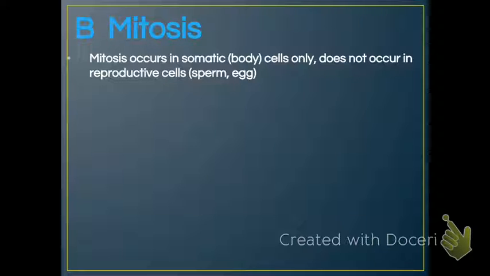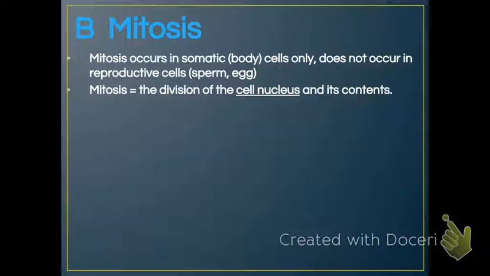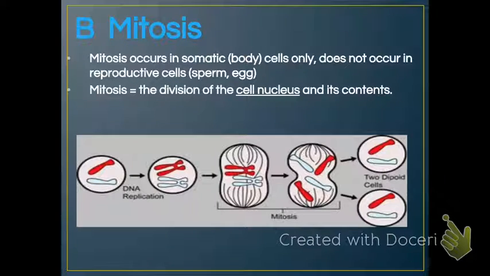Every part of your body, so your skin cells, liver, heart, they all undergo mitosis. So mitosis is the division of the nuclear cell and its contents. And so here's an example, but we'll go through each part.